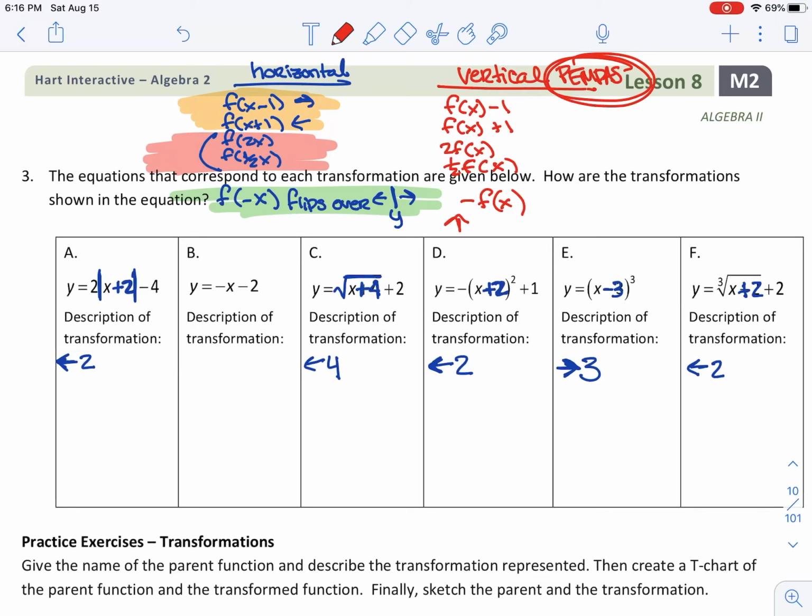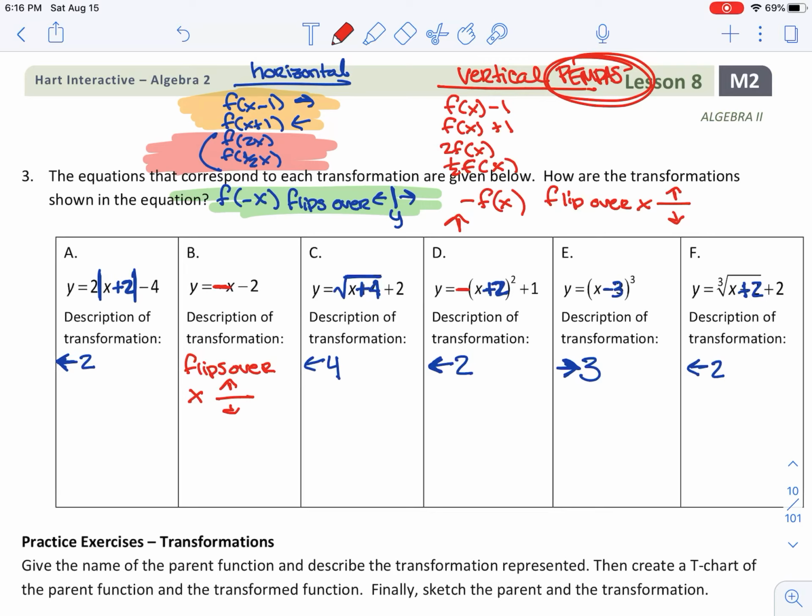So I'm looking for, is there a reflection anywhere? And in A, I don't see any. In B, I do. So this flips over X, which causes an up and down. In C, I don't see one.